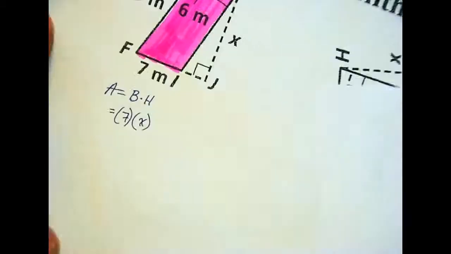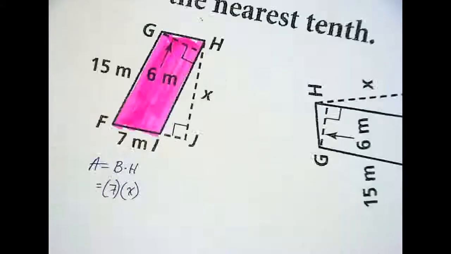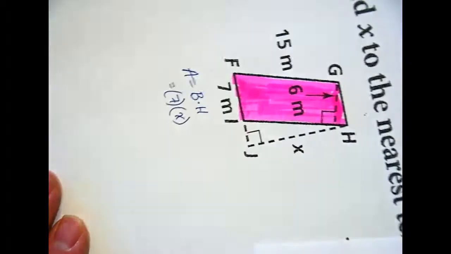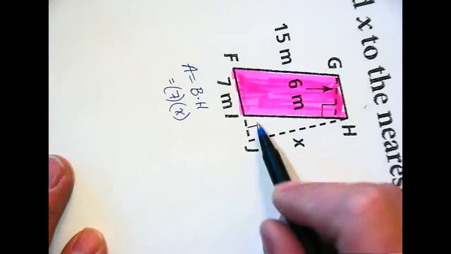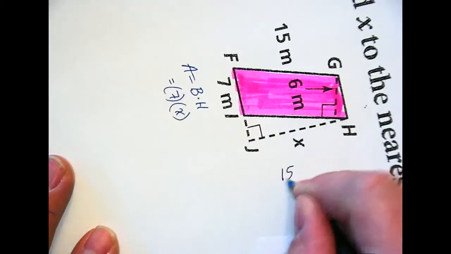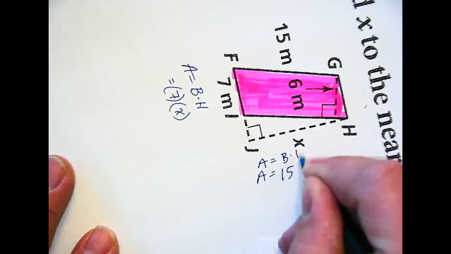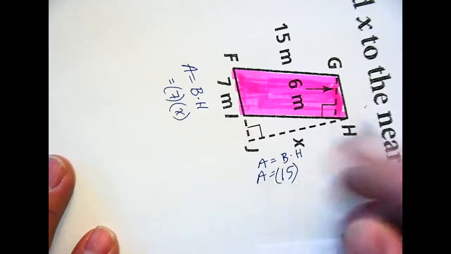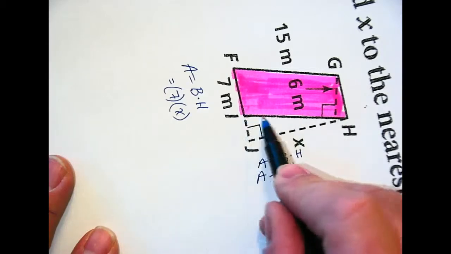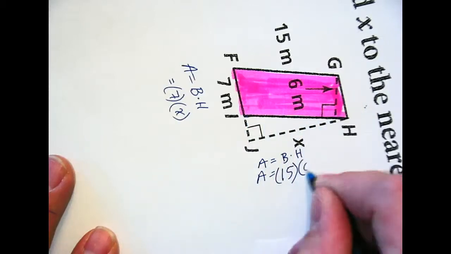Now, if I turn this, and we look at it like that, now my base is 15. Okay, so if we're thinking area equals base times height, our height intersects our base at a right angle. So here's our base. What line intersects at a right angle? 6.